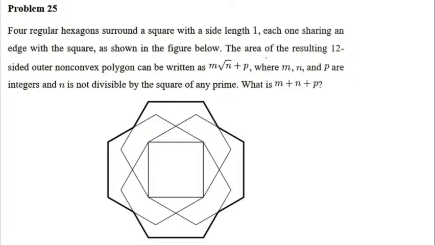As shown in the figure below, the area of the resulting 12-sided outer non-convex polygon, 1, 2, 3, 4, 5, 6, 7, 8, 9, 10, 11, 12, can be written as m root n plus p, where m, n, and p are integers and n is not divisible by the square of any prime. What is m plus n plus p?